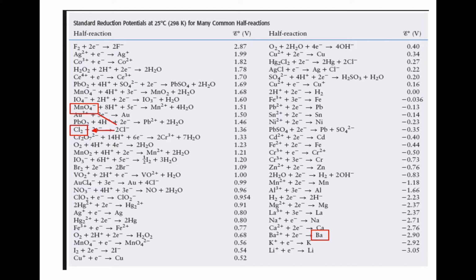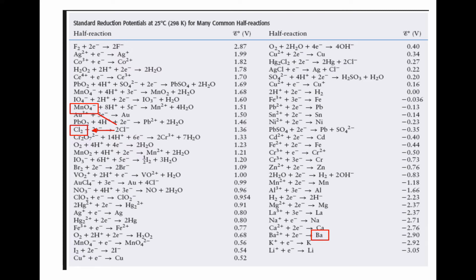So the lower you are on the chart, the less of an oxidizing agent you are, and the more the product of what you're making is a reducing agent. So put 2 electrons onto barium 2 plus. Barium 2 plus is a miserable oxidizing agent, but barium metal is a really good reducing agent.